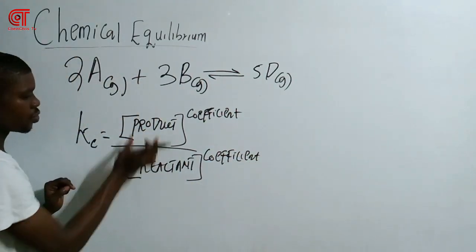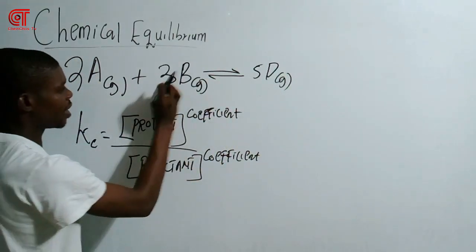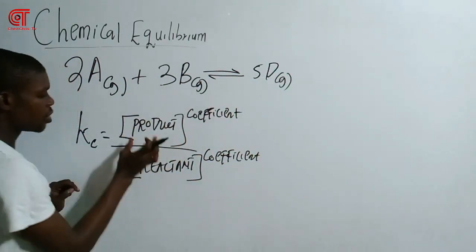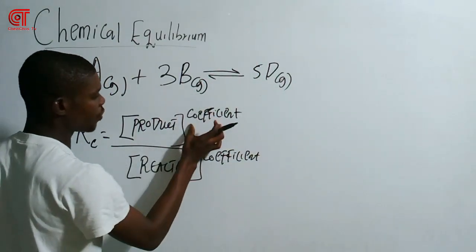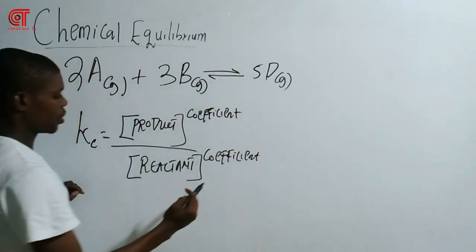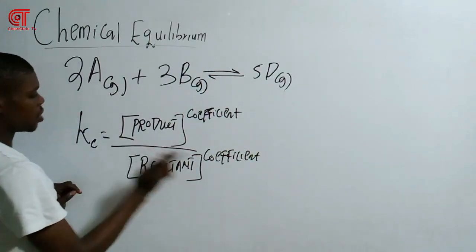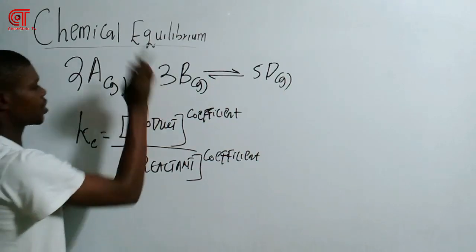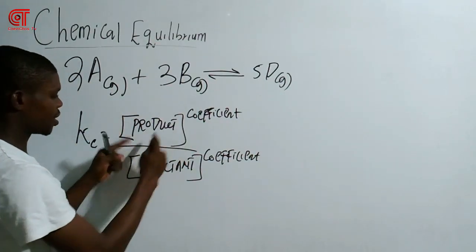You get? The product is D, and the coefficient is the balanced mole. Then for the reactants we have A and B. The coefficients are 2 and 3, the balanced moles.